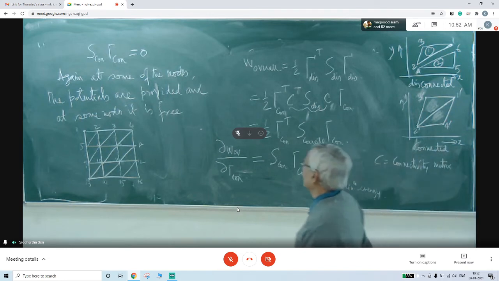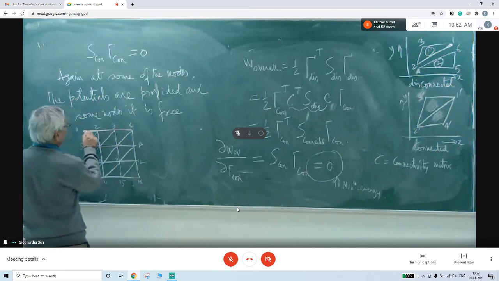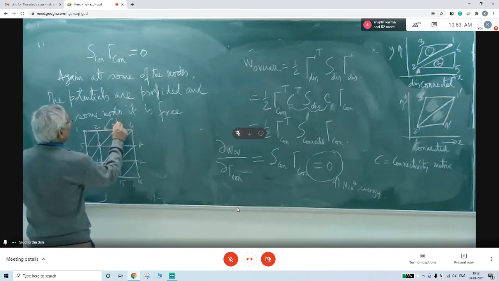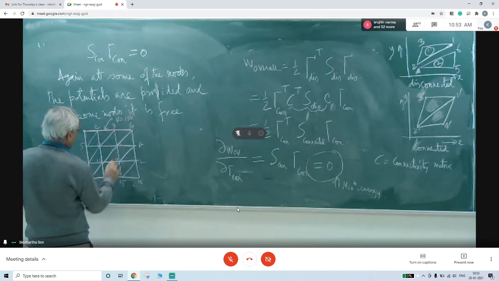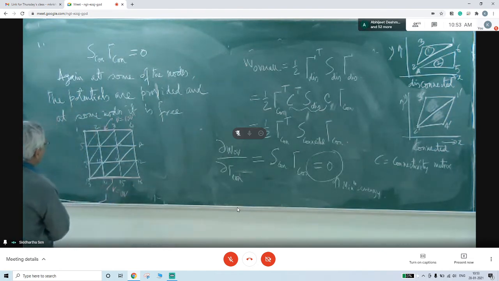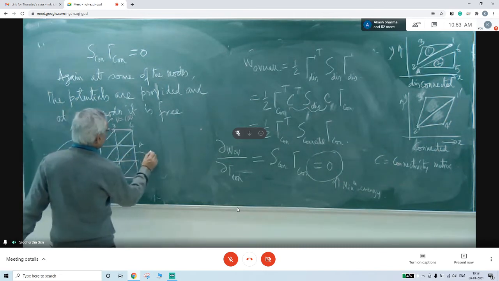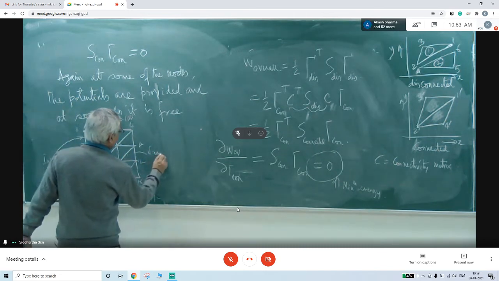In this case, suppose the potential is given, say V is equal to 10 volt here, and here V is equal to 0 volt. That means between these two we have put a potential, but this side is insulated, and this is also insulated.